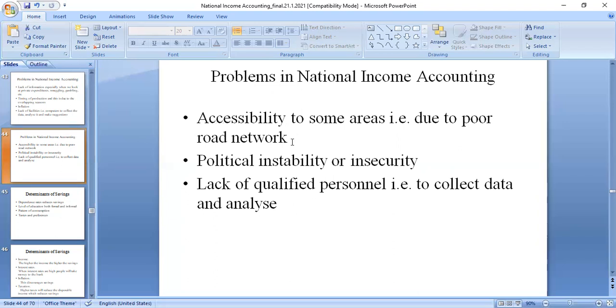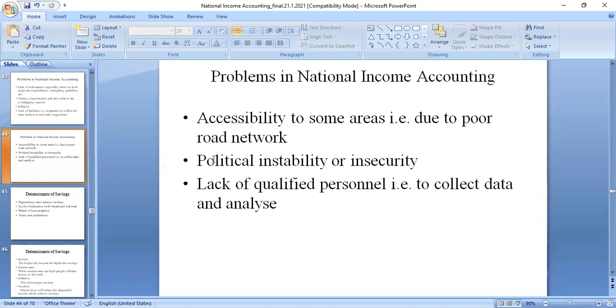So with all those challenges, at the end of the day, the people collecting this data might not be able to even reach those areas to collect the required data that should be used in calculating the national income accounts.